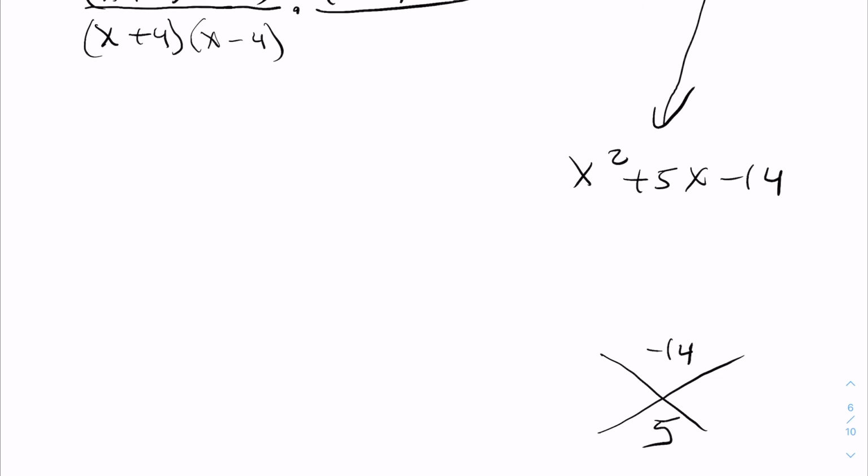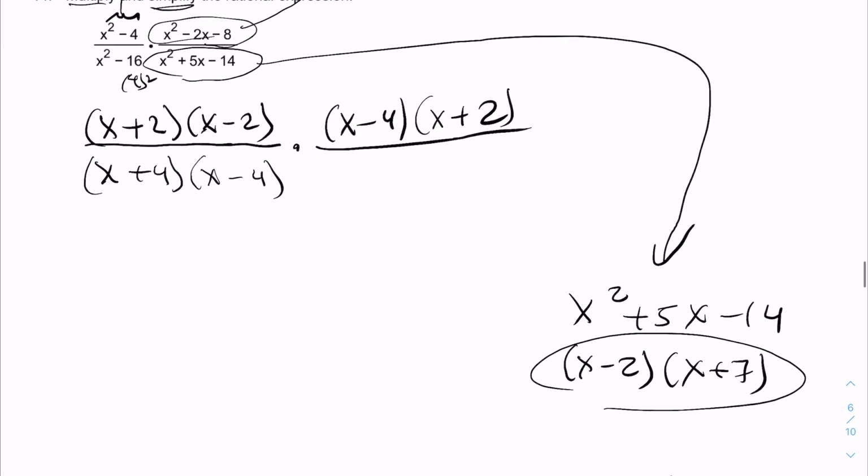If we're going to multiply to a negative, we've got to have a negative times a positive. How about a positive 7 times a negative 2 gives me negative 14 and also adds to positive 5. So this polynomial factors down to x minus 2 times the quantity x plus 7. So that's going to go right here.